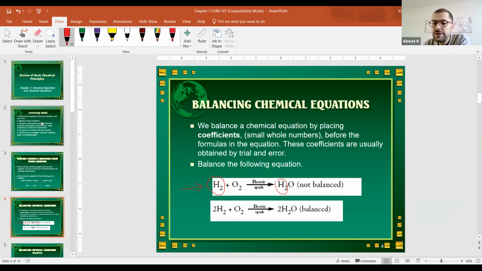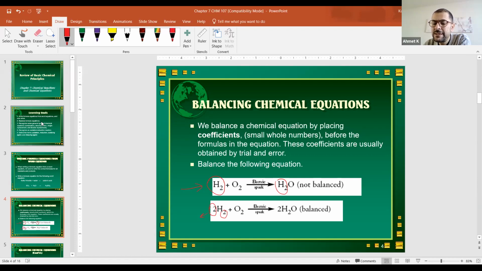Okay, this is important. You cannot play with the subscripts, because this is how the element is composed. When we say oxygen, it's O2. It's diatomic, we learned about this. The only thing you can do is play around by putting coefficients in front of the elements and compounds, okay?